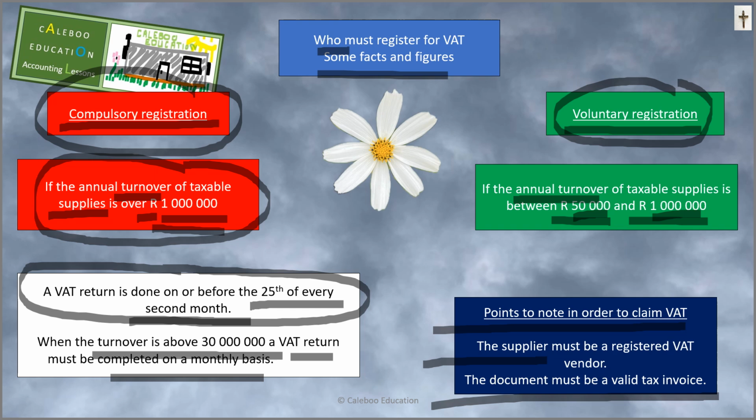You need to receive a valid tax invoice from the supplier. So you can only claim input VAT if the supplier is a registered VAT vendor and you receive documentation that meets the criteria of revenue services.